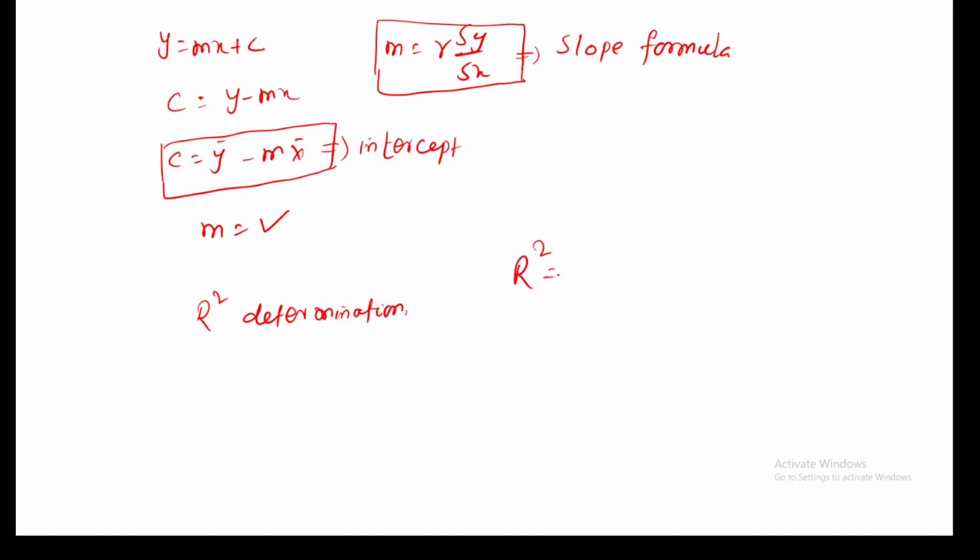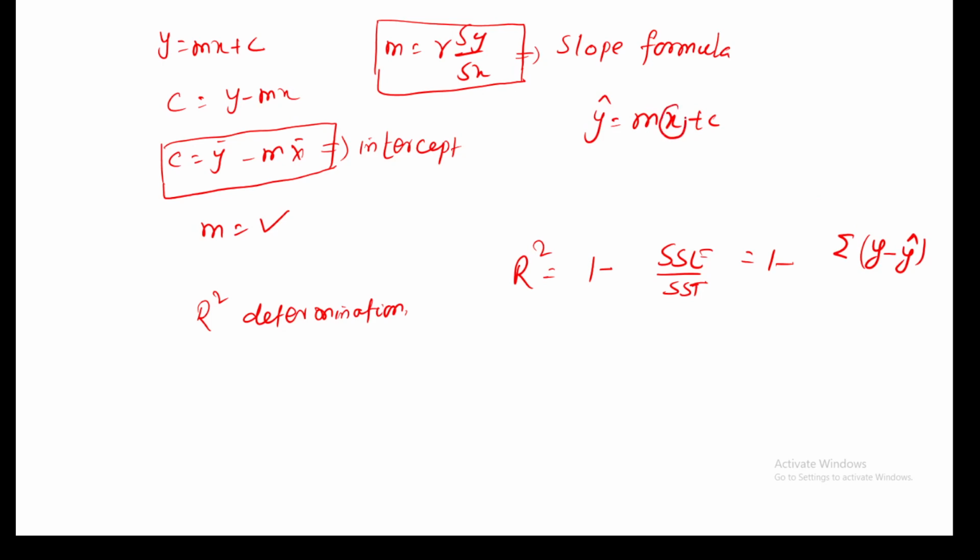R square is usually SSR by SST, the summation of the sum of squares of error and the summation of squares of total. So the formula is 1 minus summation of (y minus y cap) squared. The y cap we will get from y equals mx plus c.